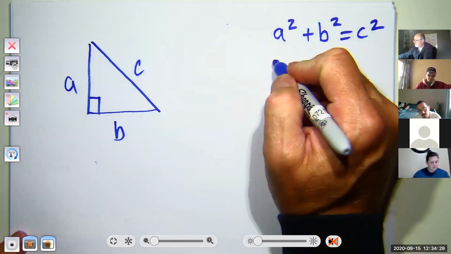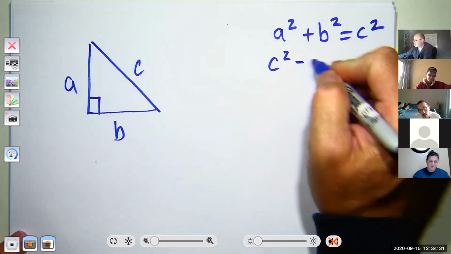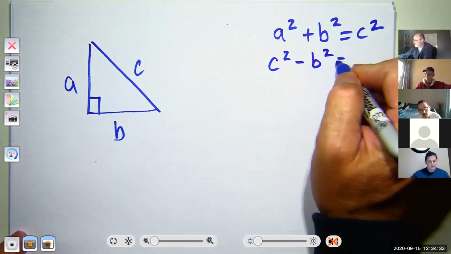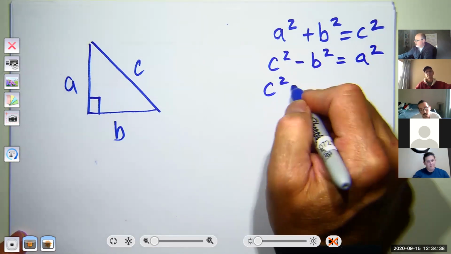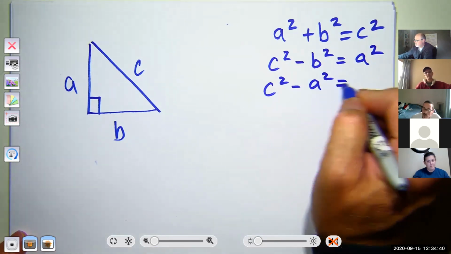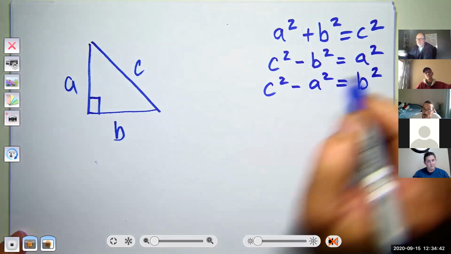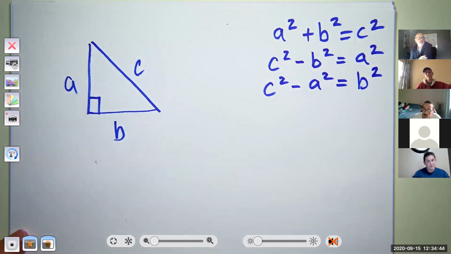If I go C squared minus B squared, that's going to equal A squared. And then C squared minus A squared is equal to B squared. So I would recommend you write those formulas down. That's how to solve for C, A, and B.